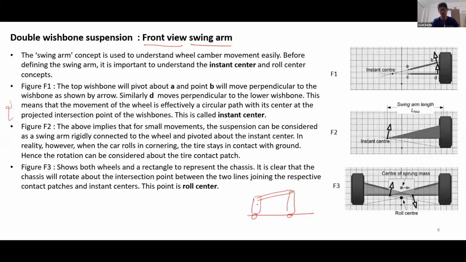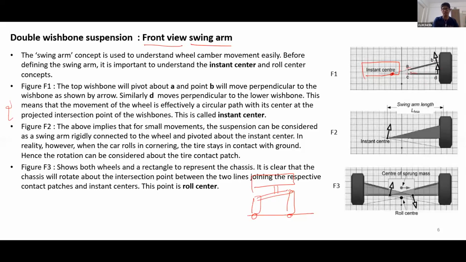So your double wishbone suspension is also a four-link mechanism, on which your wheel is mounted. When we studied the four-link mechanism, you would also have studied the instant center. You get the instant center by extrapolating these two links, and the point where the two links meet is the instant center for the mechanism.